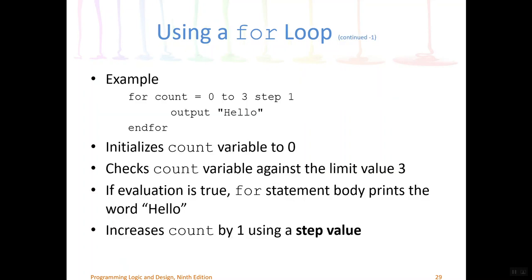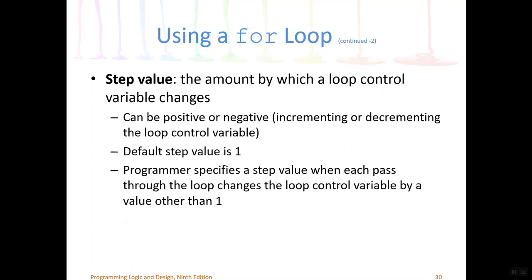And this is just reiterating all the points that I made before. If we do not have a step value specified, generally speaking, in most programming languages, the default value is step 1. Step value, again, the amount by which the control variable changes. As I said, the default step value is 1. It can be positive or negative.